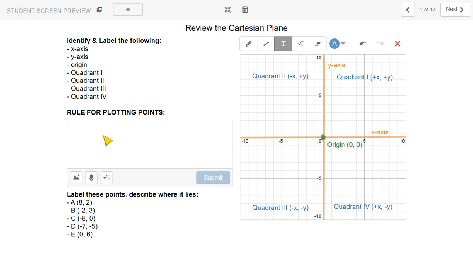We're going to use the Cartesian plane to help us plot points. Now, the way we plot points, we always have to start at the origin. Then we're going to count the number of steps in the x direction and count the number of steps in the y direction.